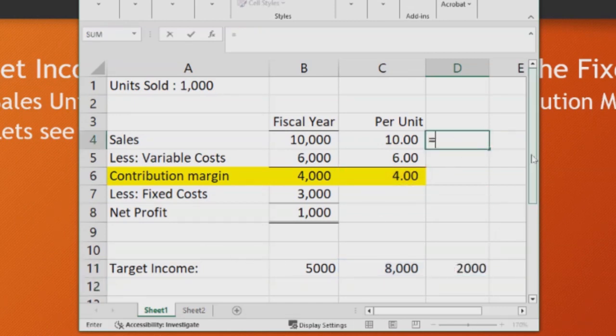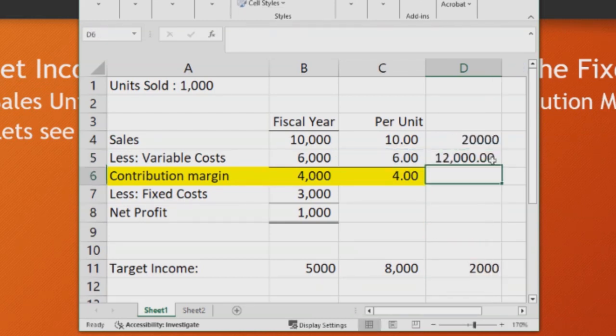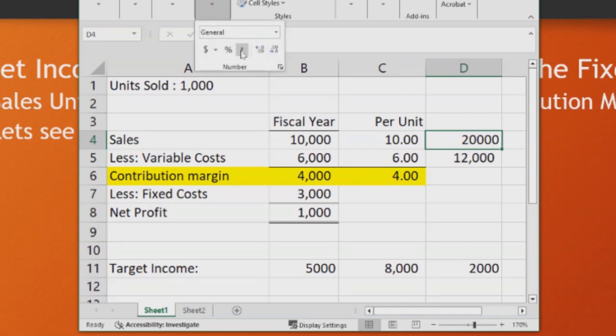Let's give it a shot. So if we have 2,000 units times our $10, and we know our variable costs are going to be $6 times our 2,000 units, that would give us $12,000.